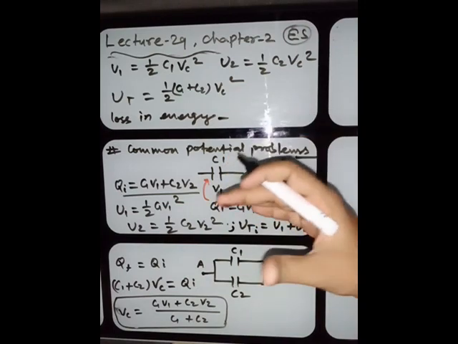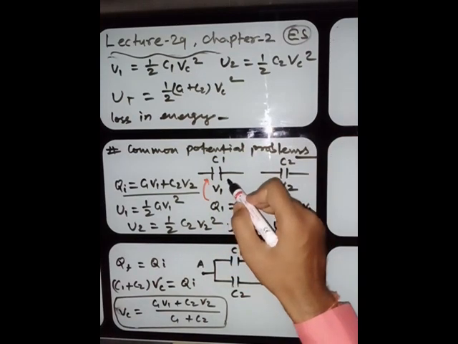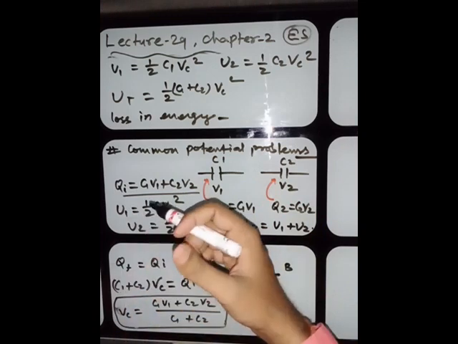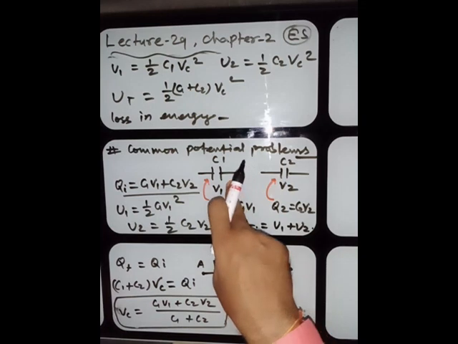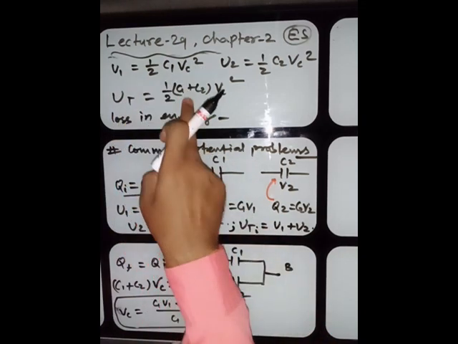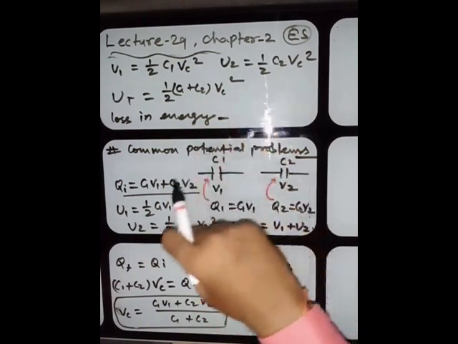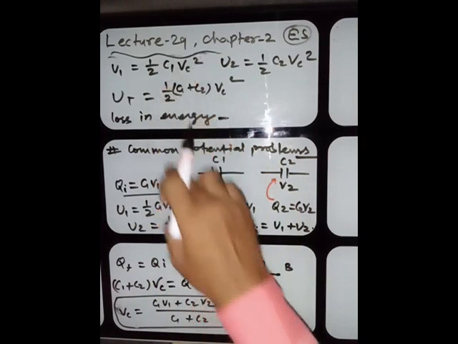Initially the energy of this particular capacitor was half C1 V1 square. Now finally this capacitor has the energy half C1 VC square, where VC is the common potential.